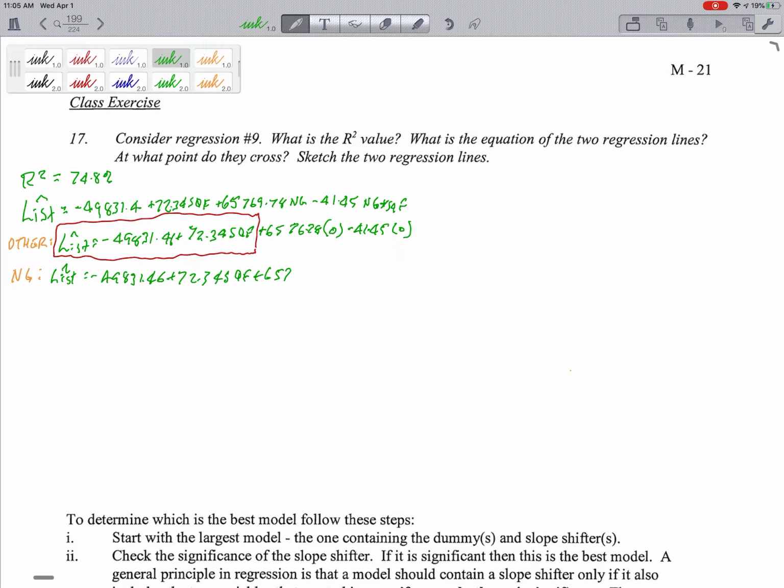Looks like I'm missing a number there. I'm just going to clean that up just a little bit here. Sometimes the pen just doesn't catch it when you're writing on glass.